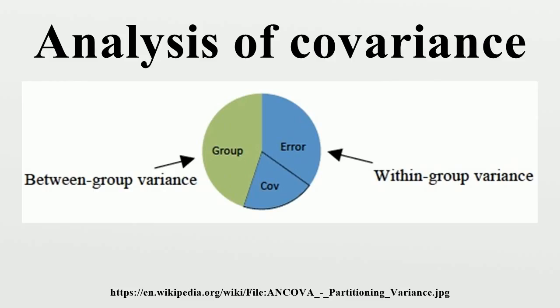Mathematically, ANCOVA decomposes the variance in the DV into variance explained by the CV, variance explained by the categorical IV, and residual variance. Intuitively, ANCOVA can be thought of as adjusting the DV by the group means of the CV.